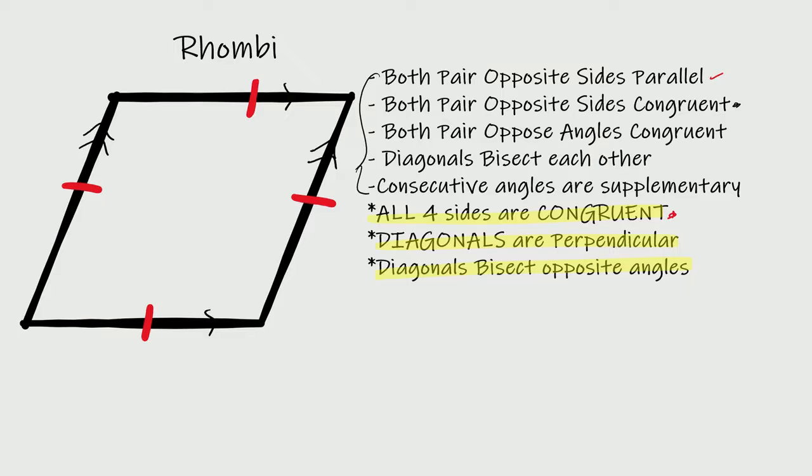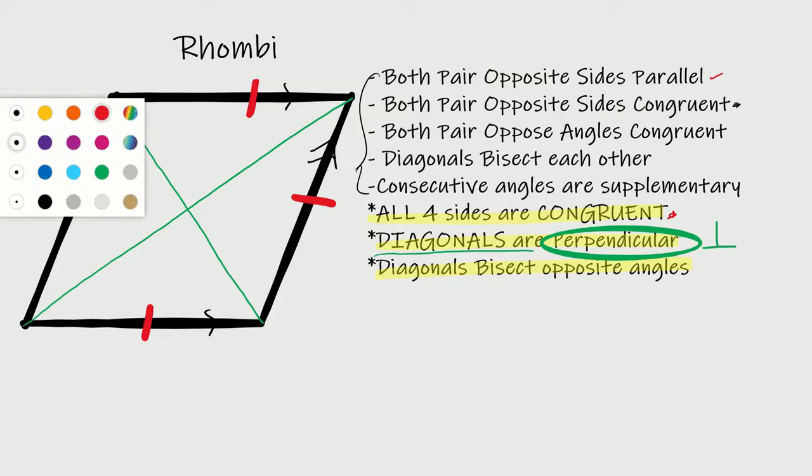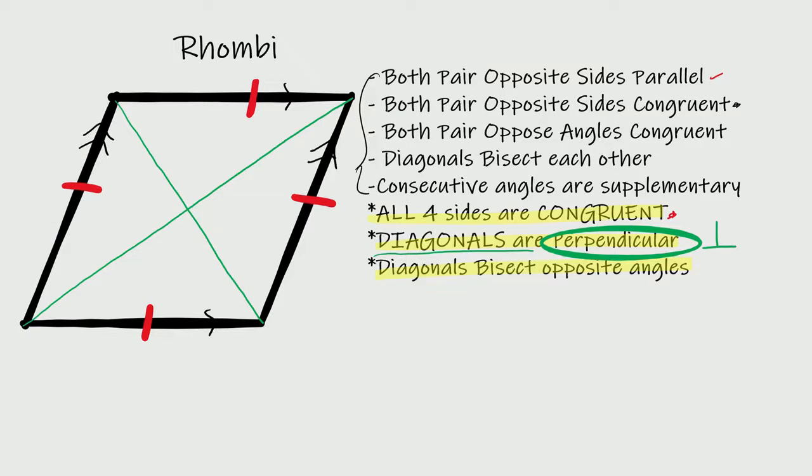The second extra property that we're getting is saying that the diagonals are going to be perpendicular. Remember, the symbol for perpendicular looks like this. And so what that means is that if they're perpendicular, I have a right angle where the diagonals intersect. So I'm going to have a right angle there, a right angle there, a right angle there, and a right angle there, right?